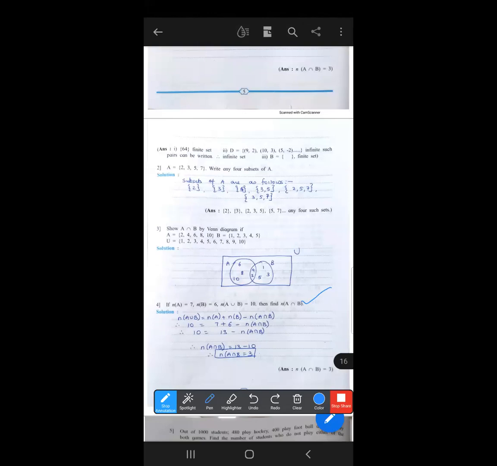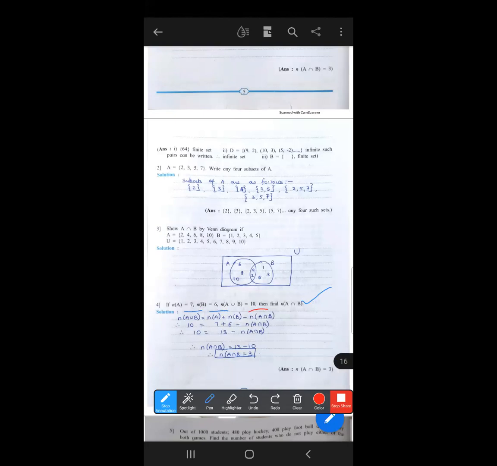So write the formula, n of A union B is equal to n of A plus n of B minus n of A intersection B. Substitute it. What you will get? 10 is equal to 7 plus 6. 7 and 6, they have given the values. Then union, they have given the value as 10. So substitute, 10 is equal to 7 plus 6 minus intersection.